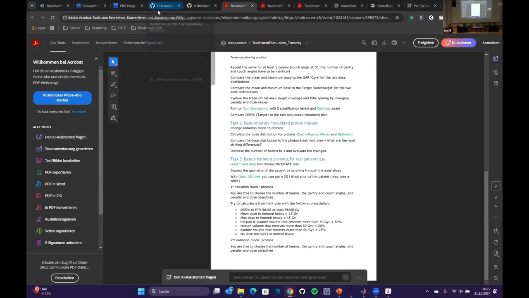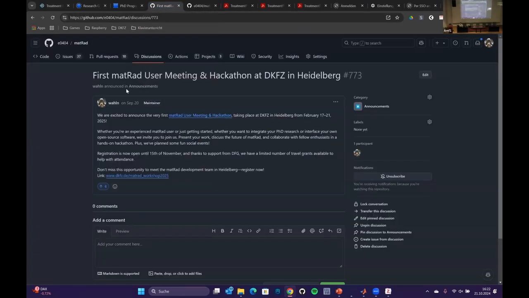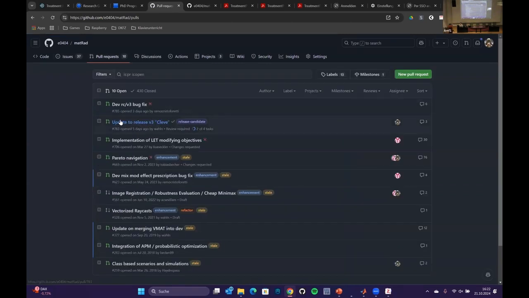If you go on matRad, you see that there are currently 2 things. There is a new release contribution, which will be the next release. And there's also a contribution by a student of mine who did comprehensive LET optimization, so this will soon be in there. In principle, you can also play around with that result. You can already, I think, calculate the LET now, but you cannot do anything with it.